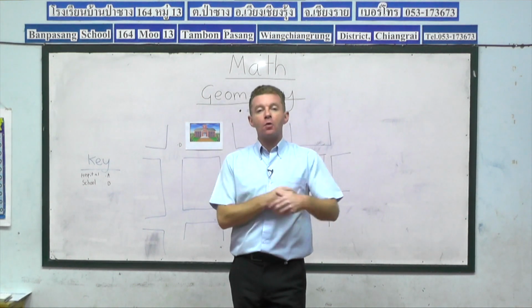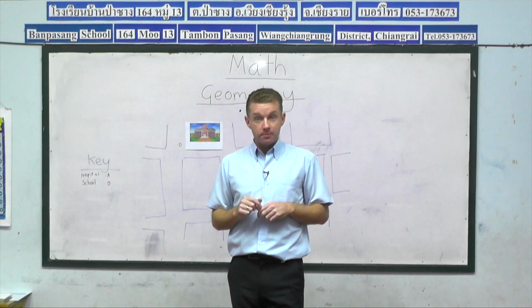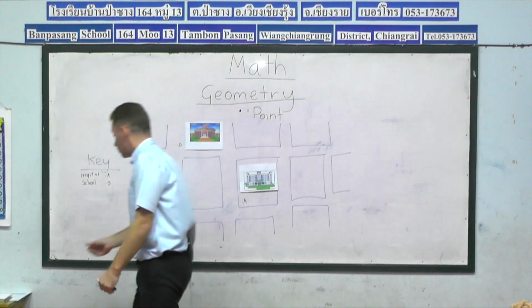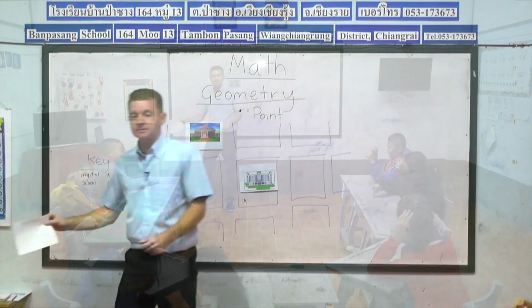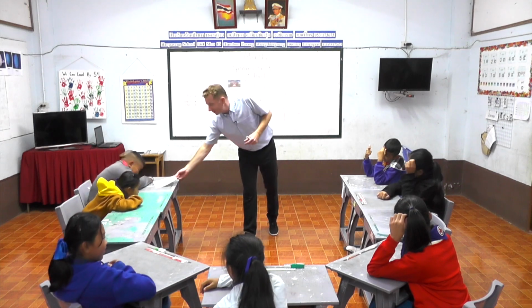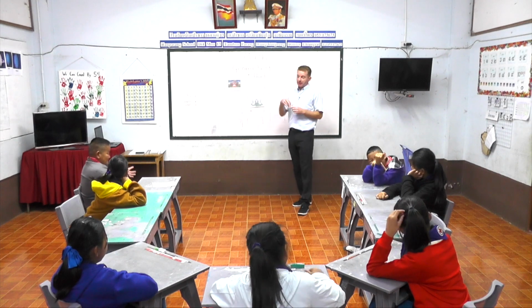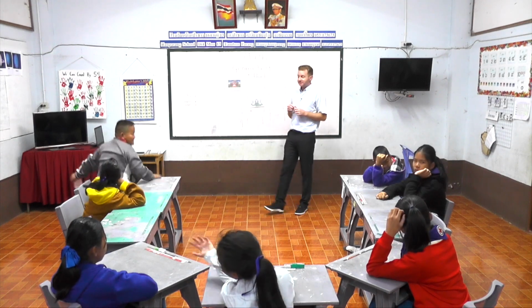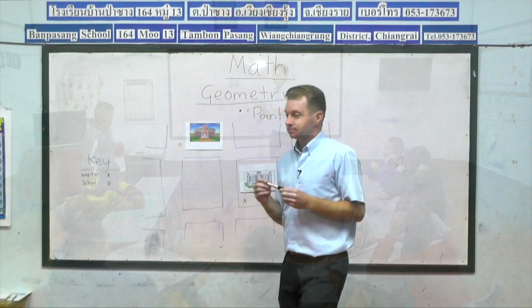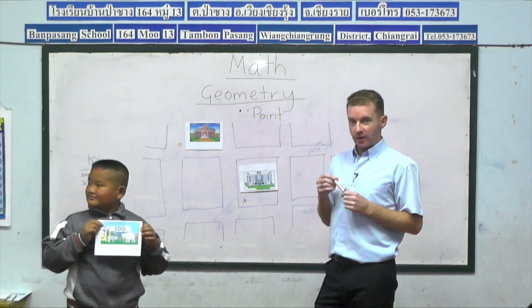Let's do one more location on our map as our recap to the previous lesson before we move on. So let's see who can do the next place. Now it's Net's turn. So Net, bring your place up to the front of class, please. Show your friends. Okay, Net, zoo.